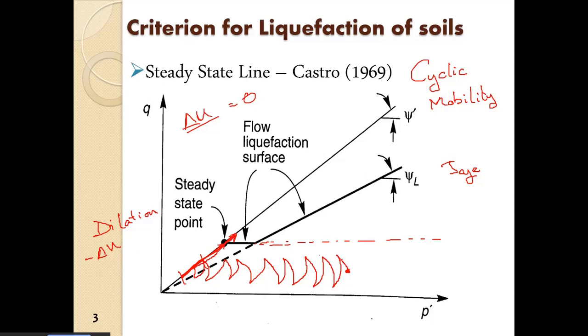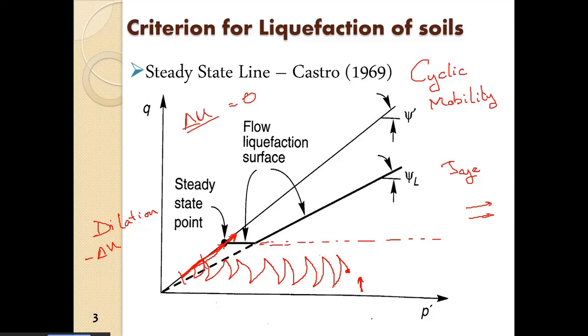Initially, in this stage, when we apply the dynamic stress, the cyclic shear stress, this shear stress is such that there is no reversal of shear in the sample. So it is always in the same direction. It goes to this side and stabilizes again. It goes to this side and stabilizes, all right.